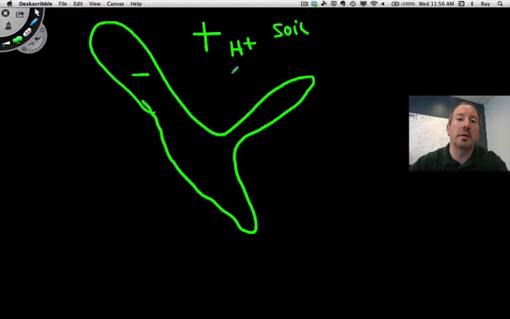Because now, check this out, now any sort of cation like calcium or potassium or sodium, any of these things will be more attracted to come in to the cell now that the root has created this not only membrane potential, but these ions are attracted to the electricity.